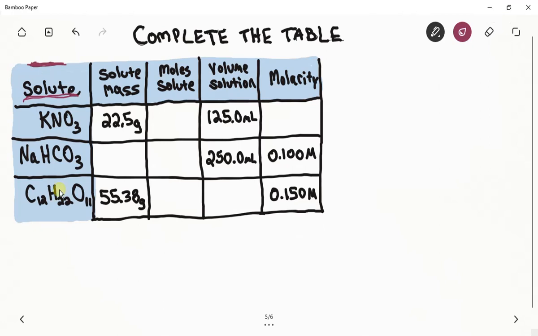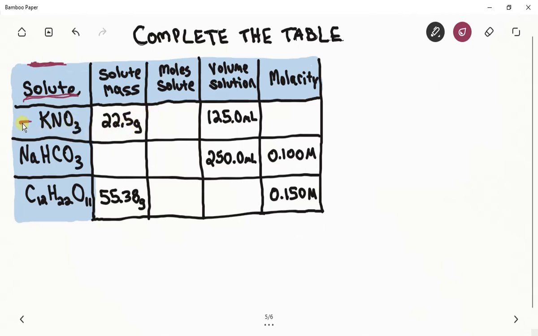So the first solute is potassium nitrate, that's KNO3, and its solute mass is 22.5. The moles of the solute, we have to find out how many moles are 22.5 grams.